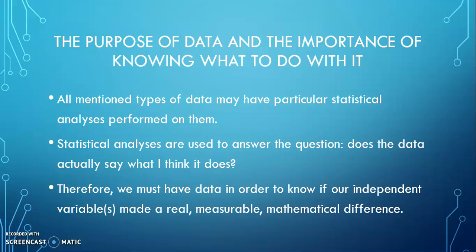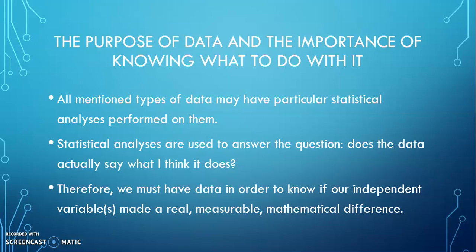Because it might look to you like the difference between 3 and, I don't know, 10 is a big deal. But when you run the statistics on it, whatever statistics you're using might say, actually, that difference between 3 and 10 isn't really that significant because the other numbers you had were between 3 and 100. So between 3 and 100, that's a significant gap. But between 3 and 10 is not really significant.